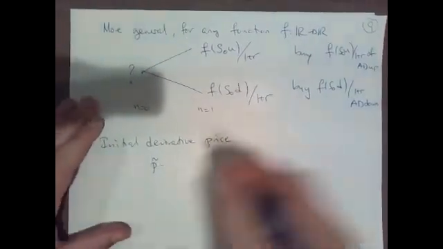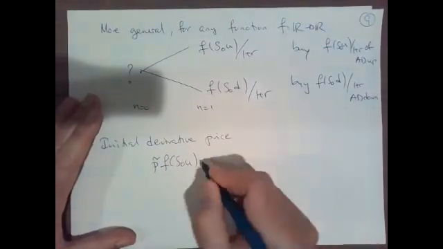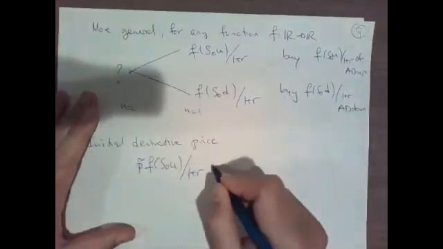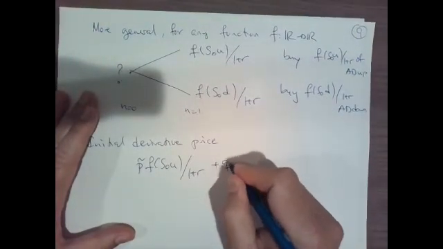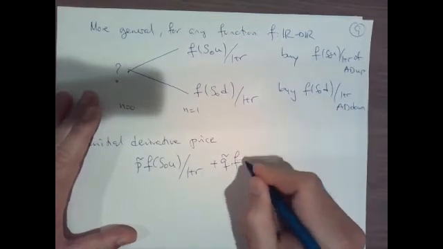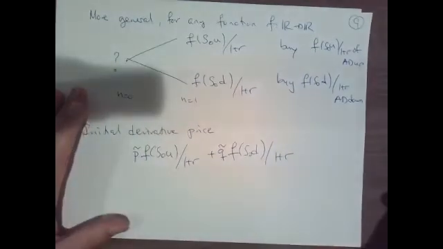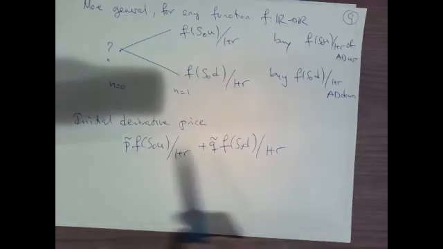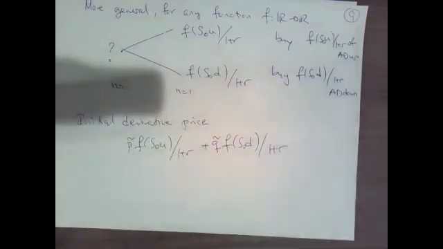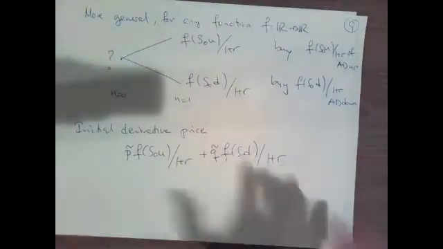So you would have to pay P tilde times f of S0u divided by 1 plus R, plus Q tilde times f of S0d divided by 1 plus R. So as soon as you figure out what these P tilde and Q tilde are, and now we have formulas for them, it becomes quite easy to price any derivative that you want. You simply just use this formula.